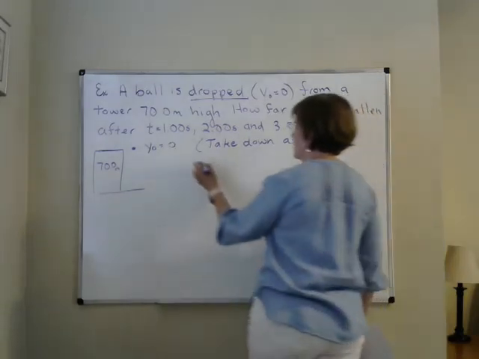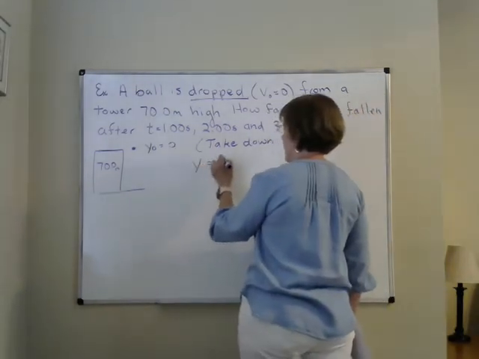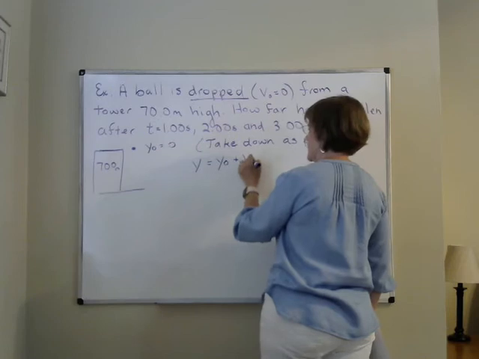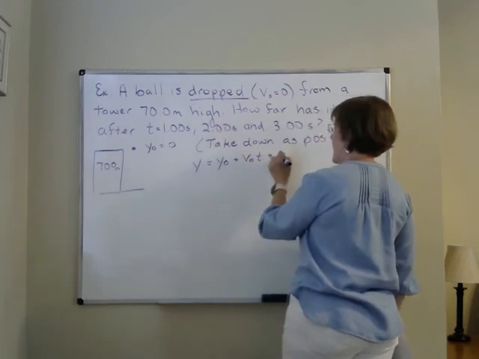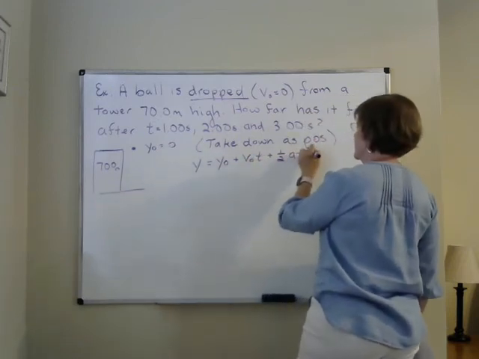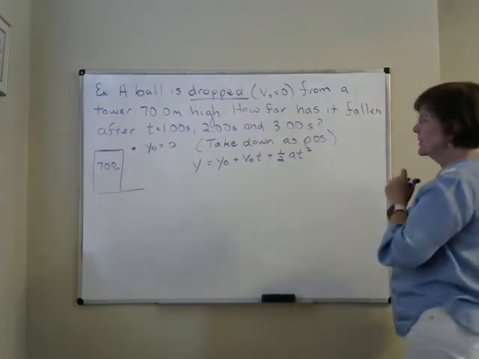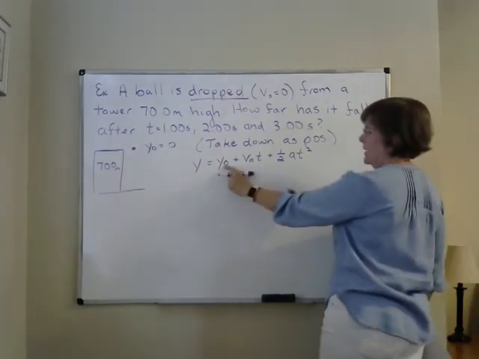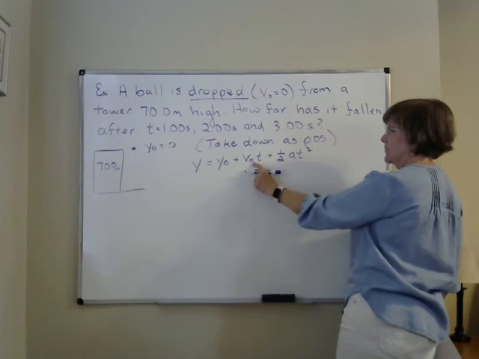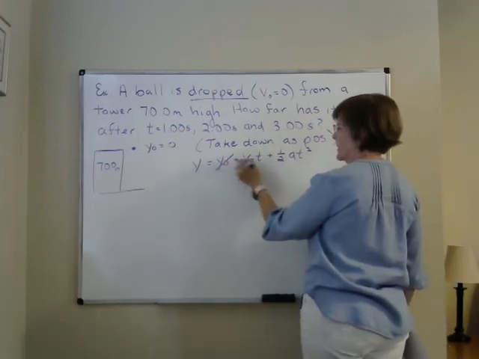I know that y is equal to y0 plus v0t plus 1/2 at squared. But my initial position is going to be 0, and my initial velocity is going to be 0. So those are both going to go away.